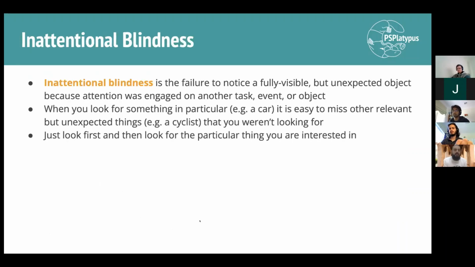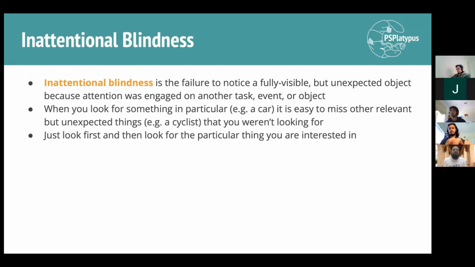Finally, we have inattentional blindness, which is the failure to notice a fully visible but unexpected object because our attention was engaged in another task. So we weren't looking for this unexpected object.